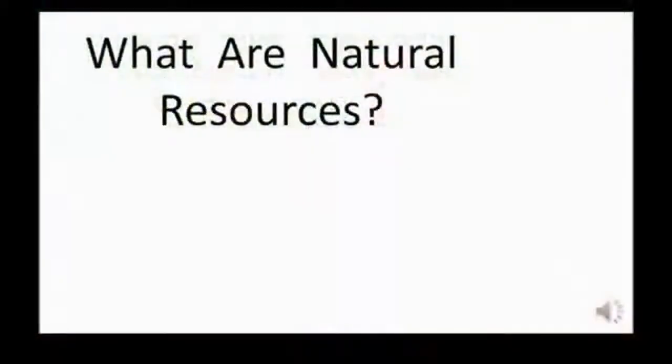What are natural resources? Remember, boys and girls, we said that natural resources are things we get from the environment. They were always here. These are things that are useful to people, and God has given us these things. Now let's see if you got the answer.